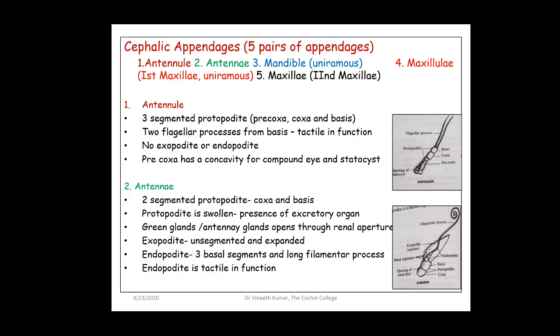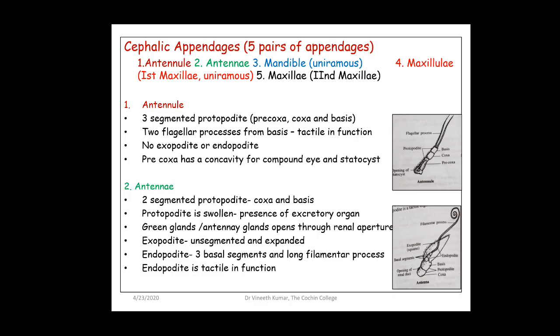Coming to the antenule, it has a 3 segmented protopodite. 3 segmented in the sense it has a precoxa, a coxa, and a basis. So this is a modification from the basic plan. And 2 flagella processes arise from the basis, which are tactile in function. Here the 2 processes are not similar to the exopodite or endopodite. There are 2 processes arising from the basis, but they are not exopodite and endopodite.